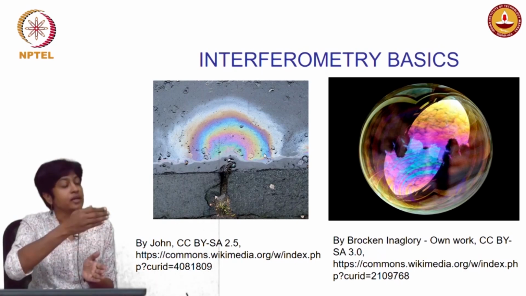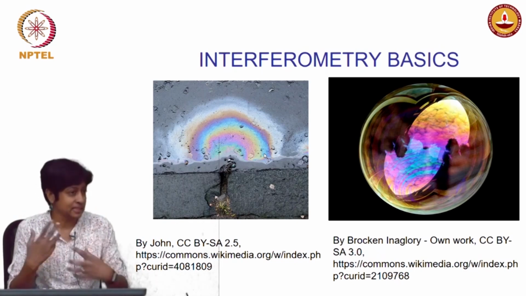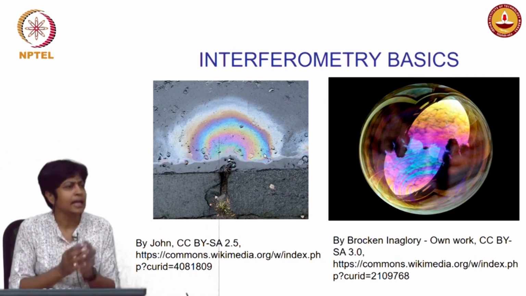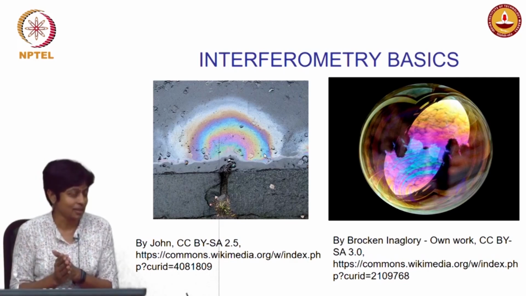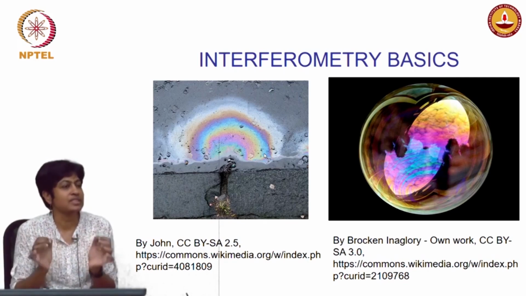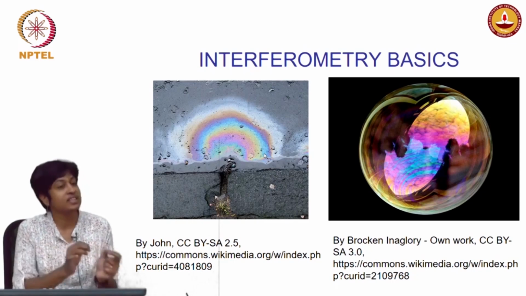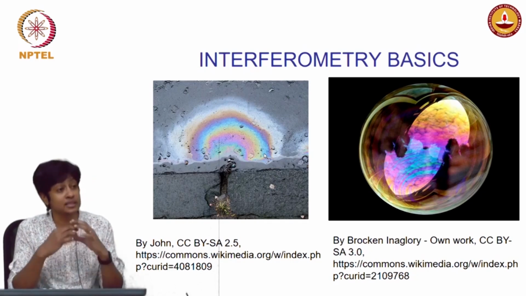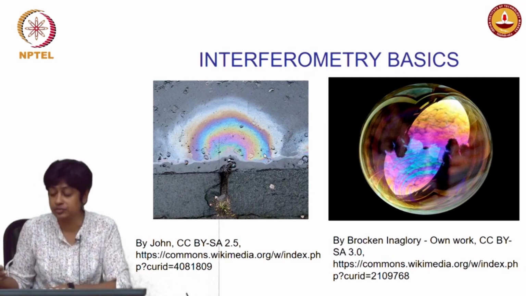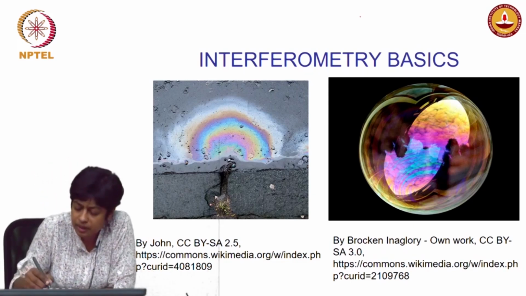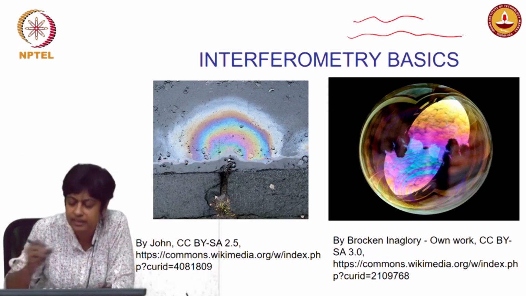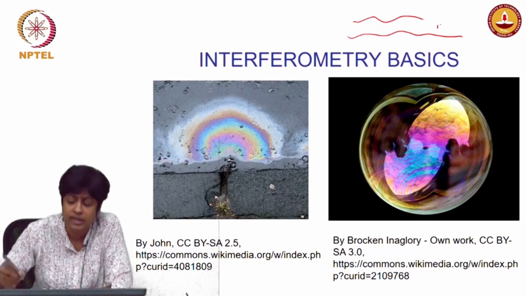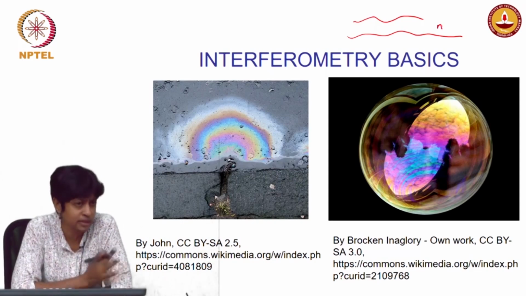We'll see these conditions, but if you think of the interference pattern as nothing but an iso-optical path length, it's connecting regions of the same path length. And wherever there is the same path length, where is that going to happen? Let's say you have some film of varying thickness, and let's say it has uniform refractive index, the same refractive index throughout.